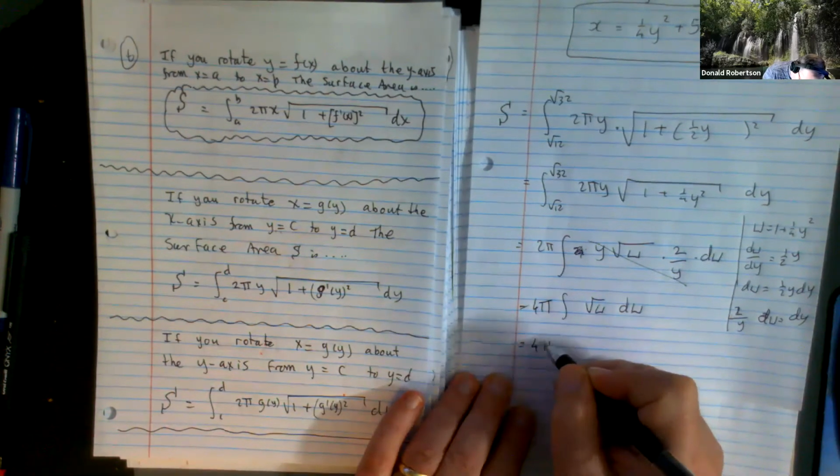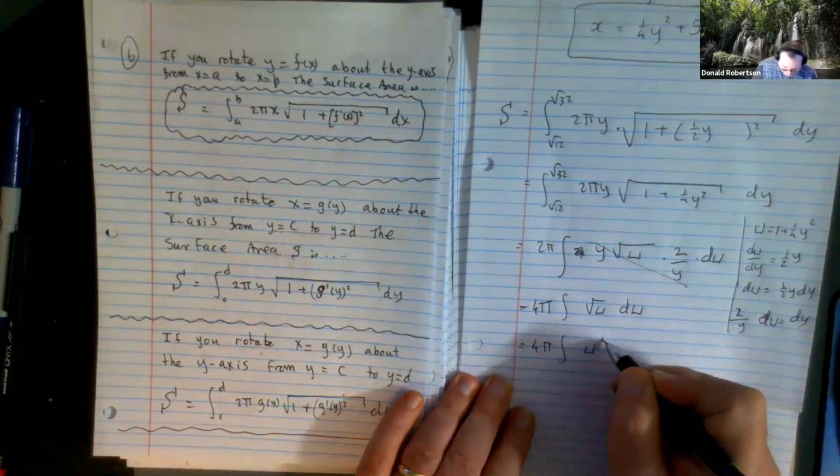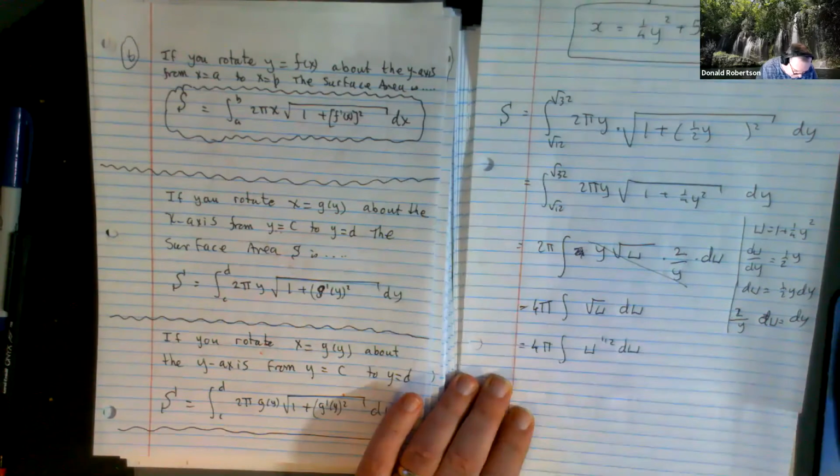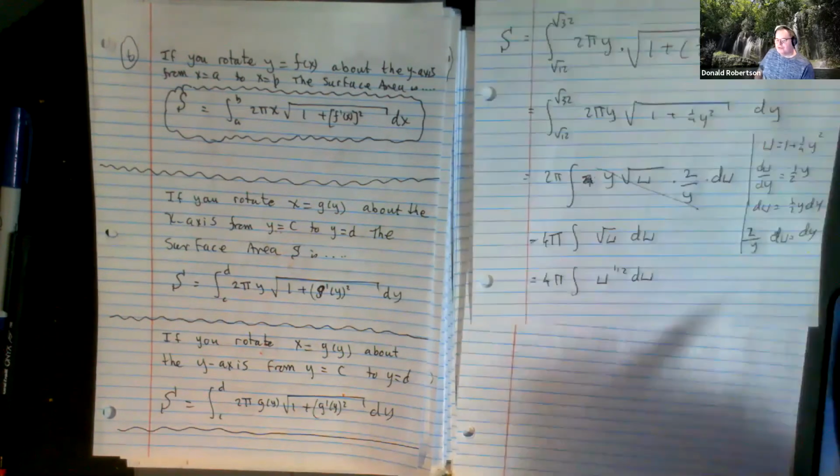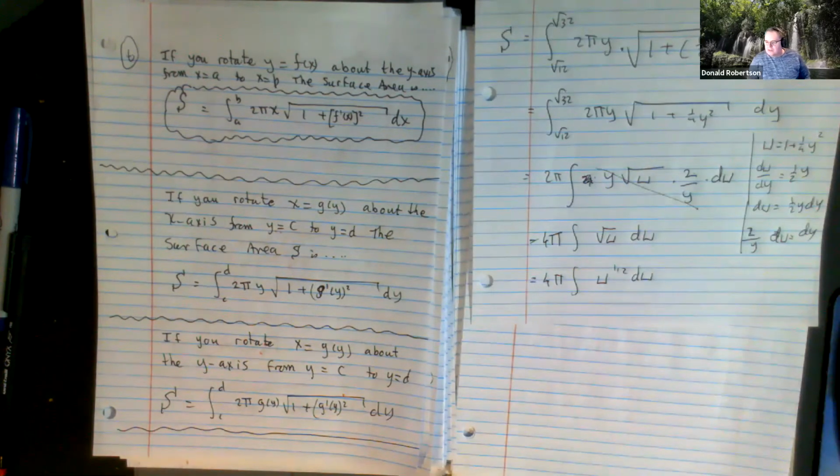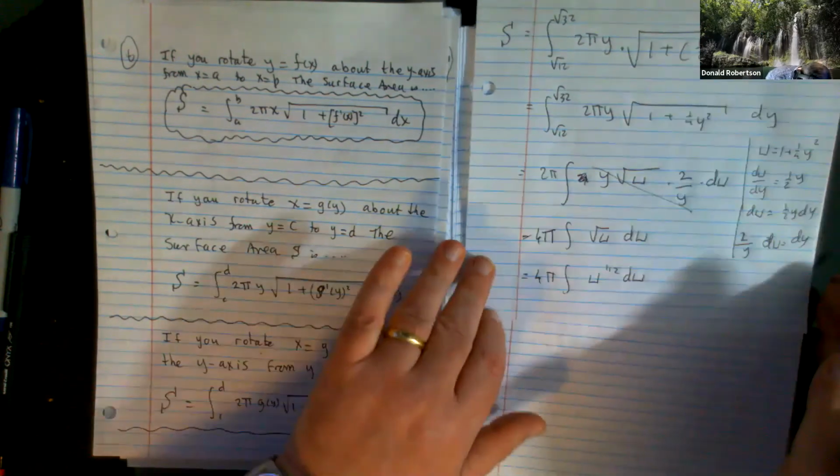Turn it into u to the half. We must have done tons of square roots by now, haven't we? I don't know how many times this has happened. A lot. Add 1 to the power.